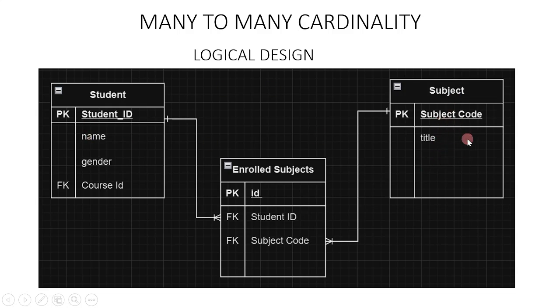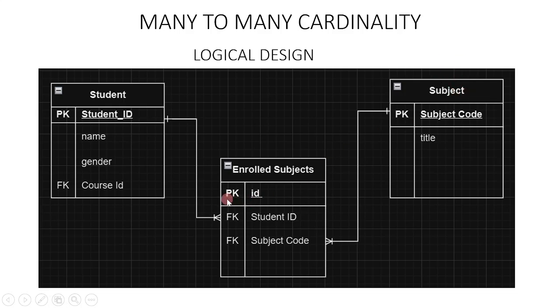So that is why, in a many-to-many cardinality, we are going to create an extra entity. I'm just going to call this one enrolled subjects, or student subject, or whatever you want to call it, to signify the relationship between the student and the subject entities.